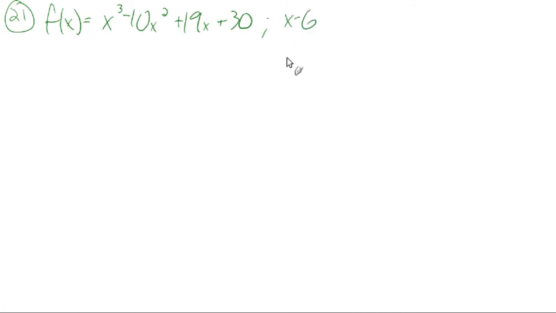And this factor. They're telling us that this is a factor of this, meaning that x minus 6 times some other polynomial equals x cubed minus 10x squared plus 19x plus 30.